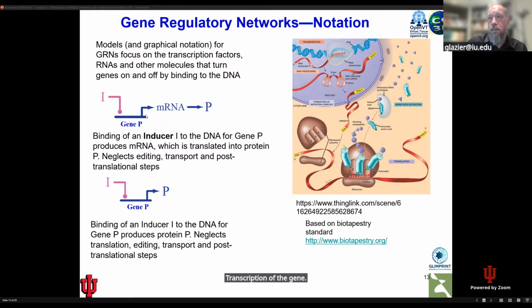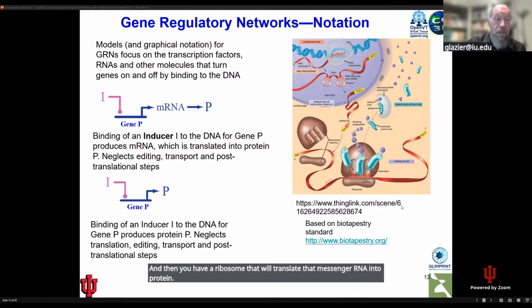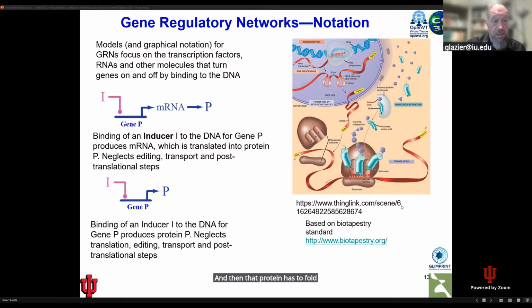In reality, that gene produces messenger RNA. That messenger RNA has to be modified, transported out of the nucleus, and then you have a ribosome that will translate that messenger RNA into protein, and then that protein has to fold and be post-translationally modified.